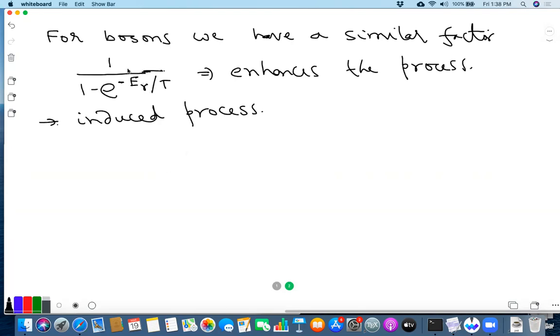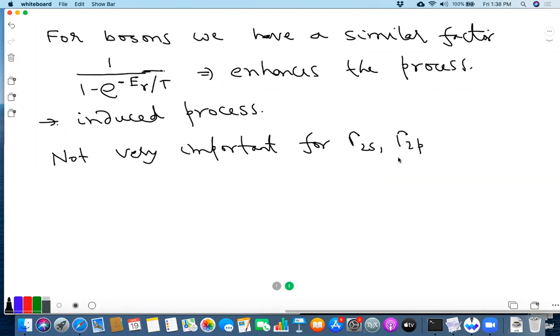So this factor is not very important for gamma 2s and gamma 2p, and the reason simply is that the E gamma there was B1 minus B2. For the temperatures that we are dealing with, the exponential of minus (B1 minus B2) over T is very small.